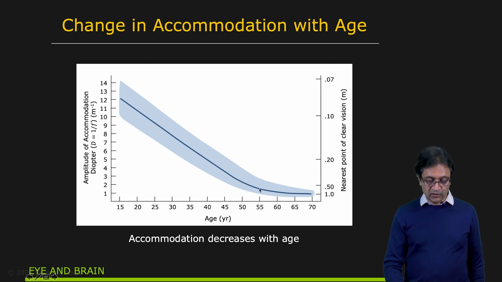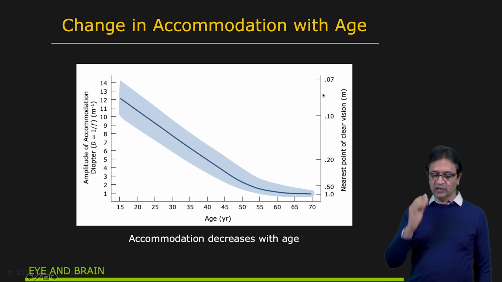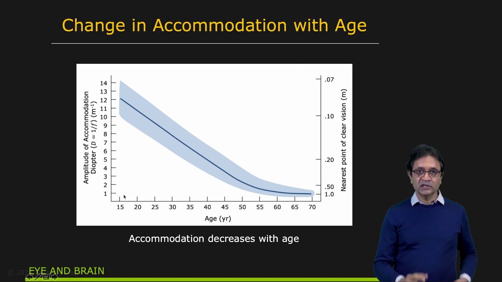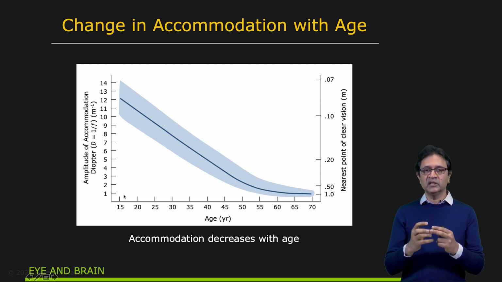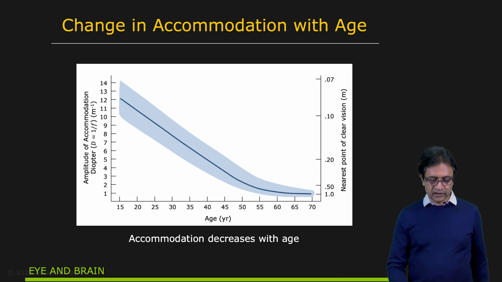So you see that when you are really young, say 15 years or 10 years or so, you can actually focus on things that are as close as 7 to 10 centimeters away. It's 0.07 meters, so 7 to 10 centimeters away. So you can focus on things that are this close at that age. And the reason is that your liquid lens is very malleable and you can control its shape very easily.